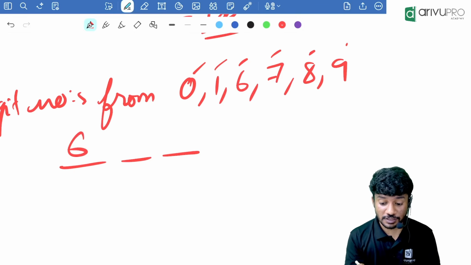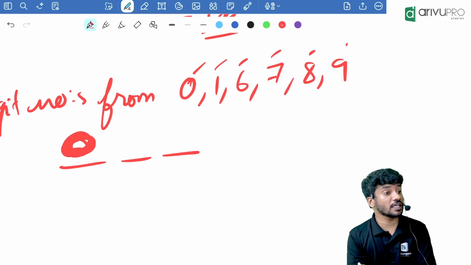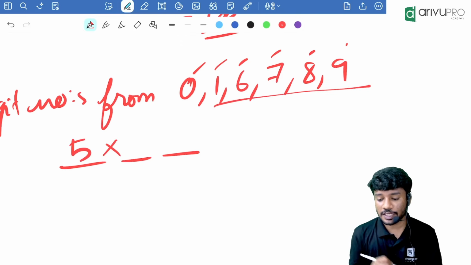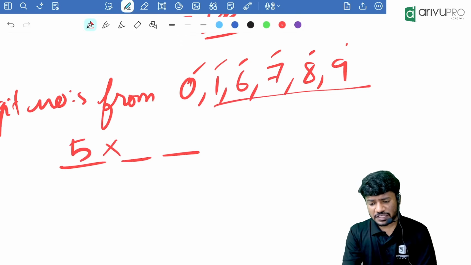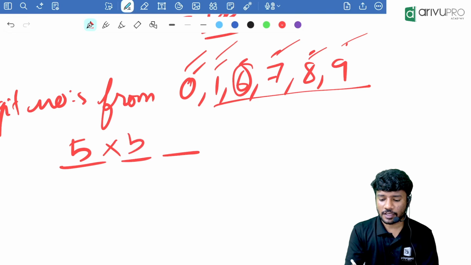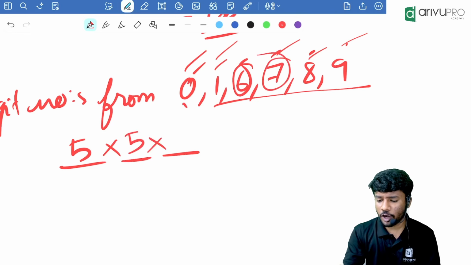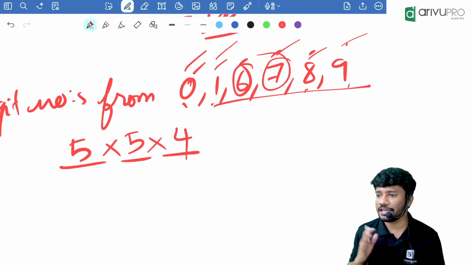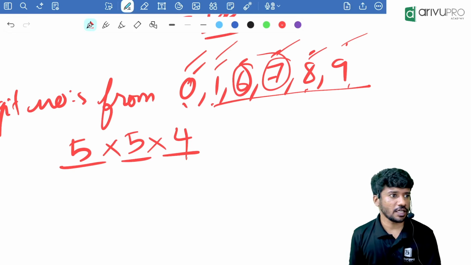No, 0 cannot sit, because if 0 sits over there, it will become a 2-digit number. So how many of them can sit? 5 of them into. Now, if 6 already sat, how many are remaining? 1, 2, 3, 4, 5 are remaining. Then if 2 people already sat, for example 7 also sat, how many are remaining? 1, 2, 3, 4 are remaining. 5 into 5 into 4 is your answer. I hope that everyone understood the question.